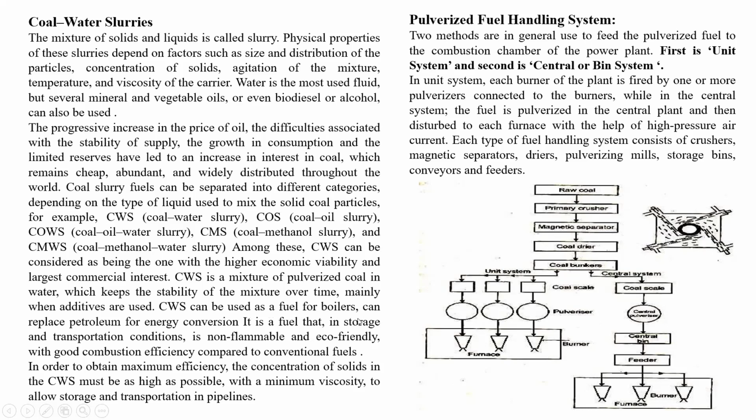CWS can be used as a fuel for boilers and can replace petroleum for energy conversion. It is a fuel that, in storage and transportation conditions, is non-flammable and eco-friendly, with good combustion efficiency compared to conventional fuels. Hence, you can use fuel slurries for combustion purposes.